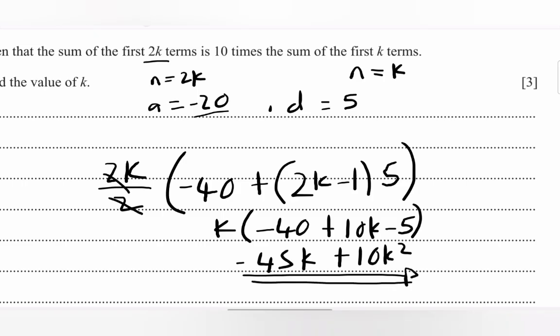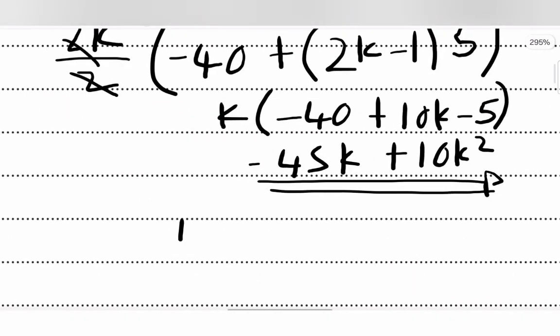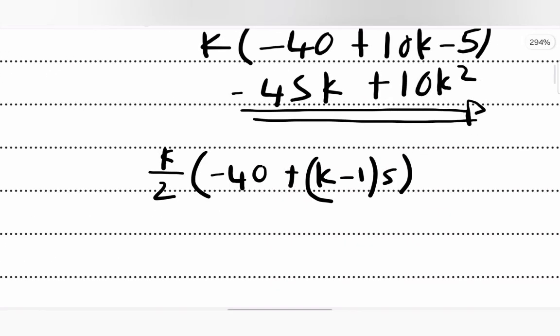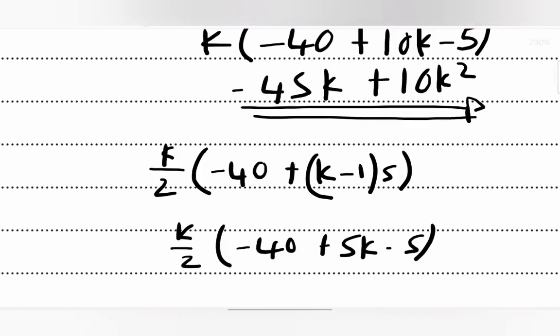And for the sum of the first k terms, we're going to say k over 2, then our minus 40, which is 2a, plus k minus 1 times d, which is 5, like this. It's going to give us k over 2 times minus 40 plus 5k minus 5.